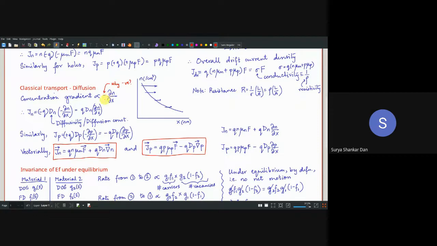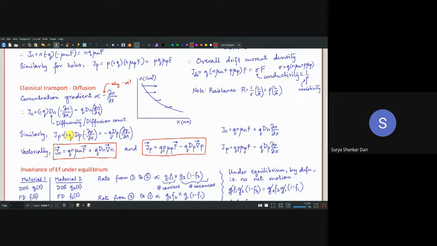Okay. So now diffusivity is the proportionality constant, या फिर diffusion constant. And then for electrons, you are anyway going to have minus q. You get this value. Similarly for holes, what you observe is this minus del n del x के बदले में minus del p del x होगा. Remember, it has got nothing to do with the charge.